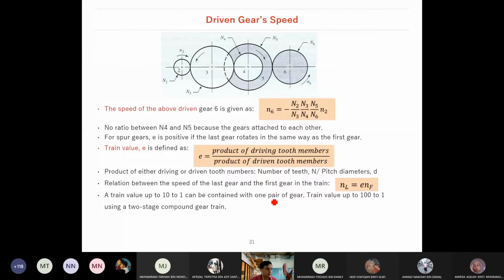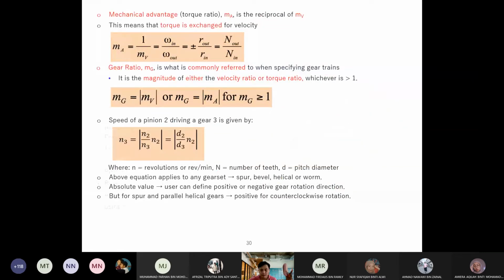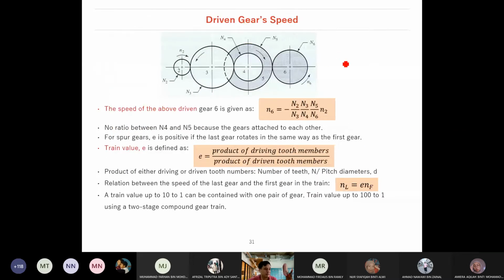Driven gear speed. The formula that you need to understand is about how to find the speed of a gear. I'll give one example. Say you have a pinion gear and the biggest gear.